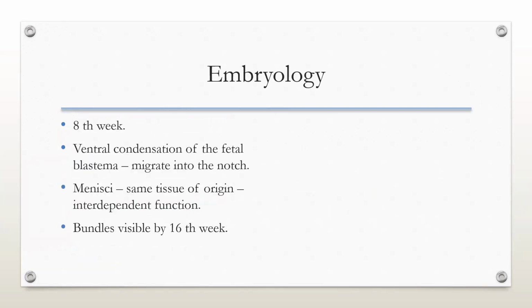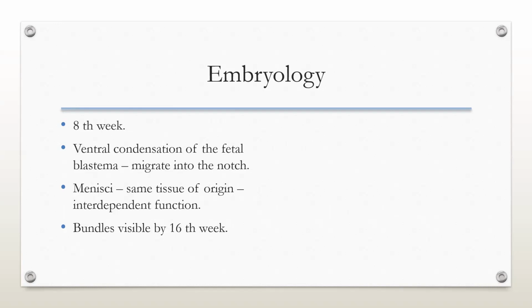Briefly about the embryology, it can be seen as early as the 8th week of gestation of the fetus. It is formed by ventral condensation of blastema within the knee. With the formation of the knee joint and the distal femoral condyles, this condensation migrates further into the notch.